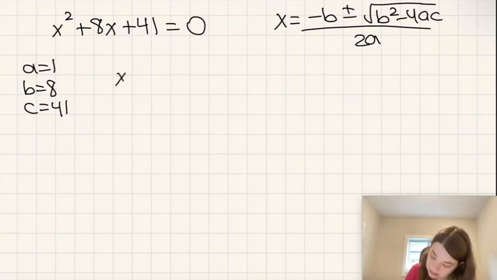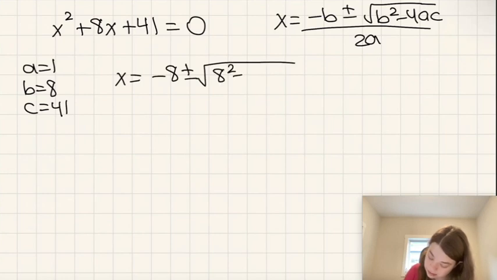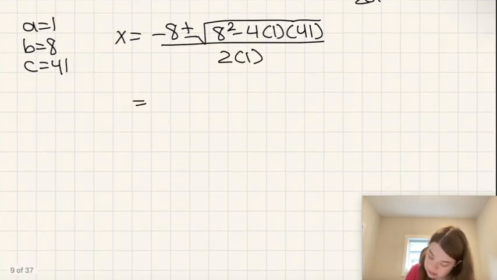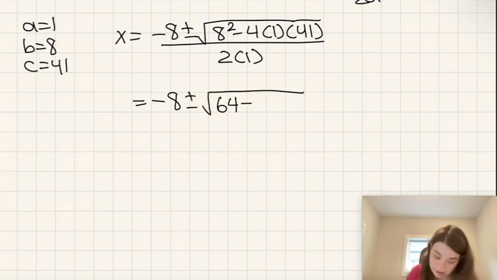So x is equal to negative 8 plus or minus the square root of 8 squared minus 4 times 1 times 41 all over 2 times 1, which is equal to negative 8 plus or minus the square root of 64 minus 164 over 2.